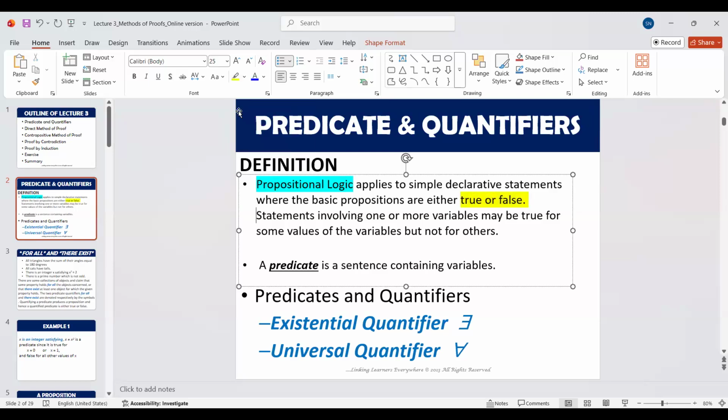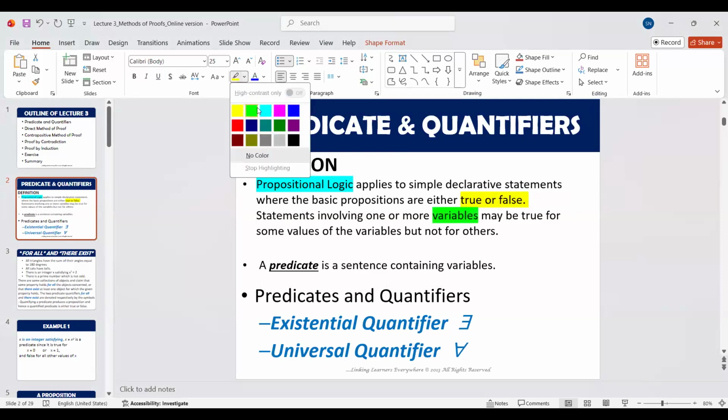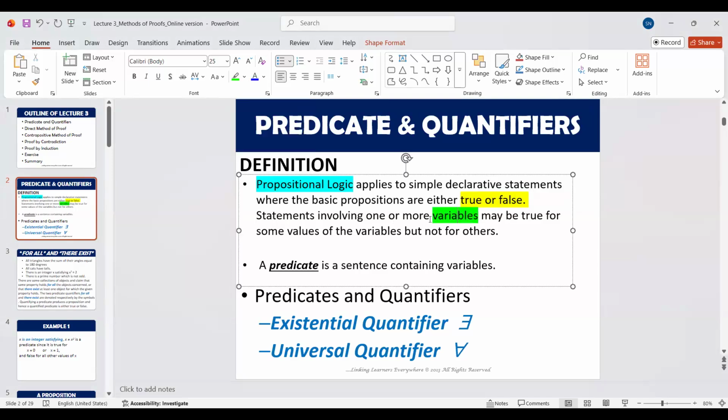Then we came across statements that involve variables. This particular type of statement, we said we cannot determine whether it's true or false because we don't know whether the variables have been defined or which domain they are coming from.